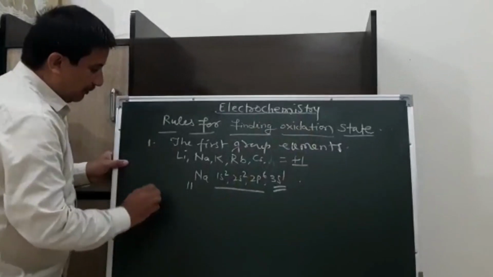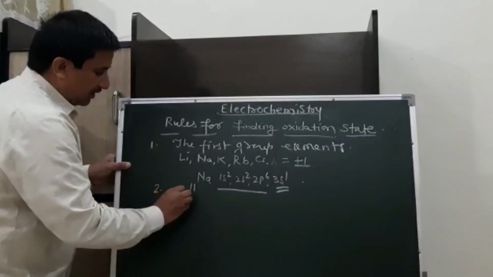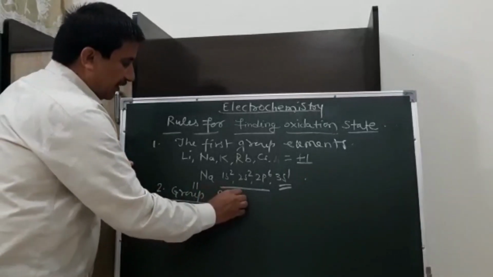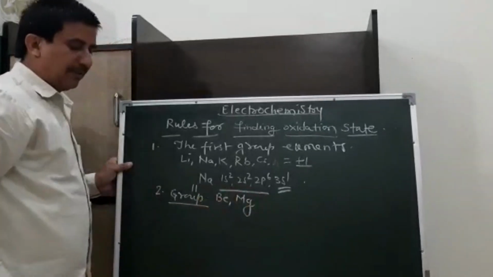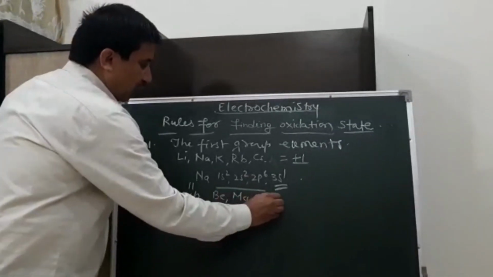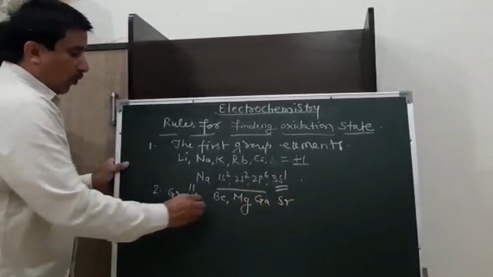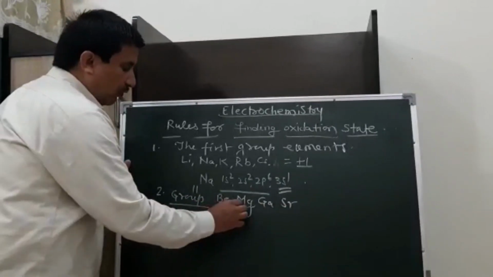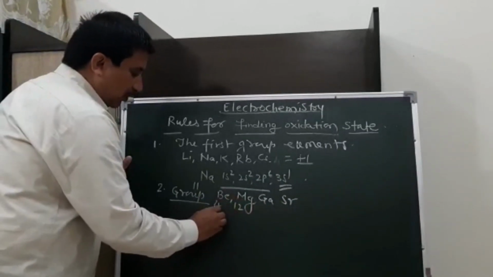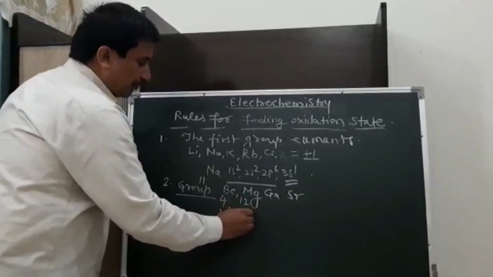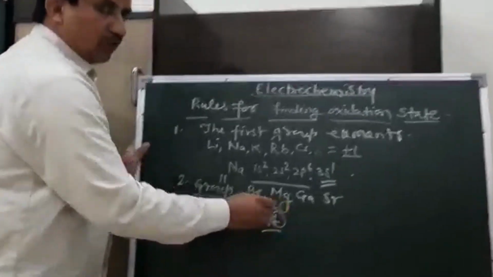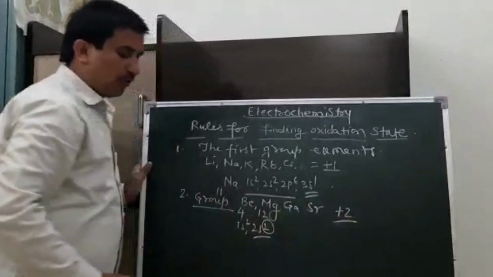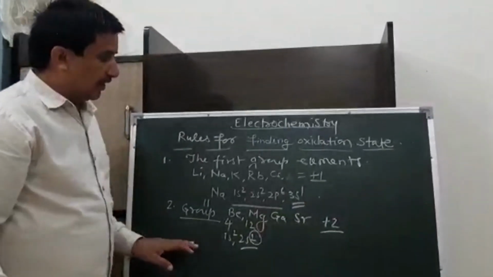Likewise, group 2 elements: beryllium, magnesium, calcium, strontium. All these elements have 2 electrons in their valence shell. Having 2 electrons in the valence shell gives an oxidation number of +2. So group 2 elements show an oxidation state of +2.